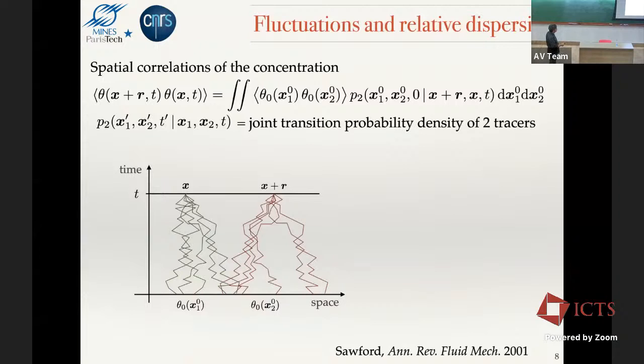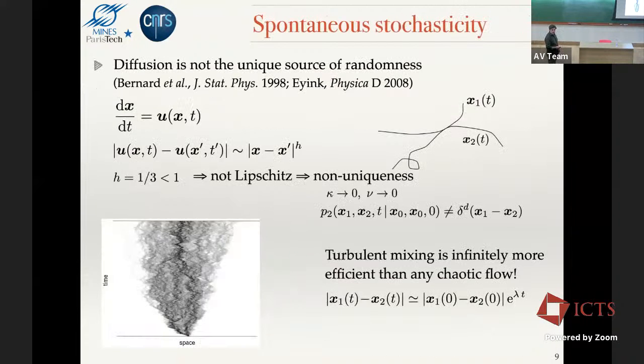I should have put the eta or kappa here. So you fix a realization of u. There is no average with respect to realization of u. For one particular realization it's also not the same. Yes, exactly, H is less than 1. Because of this non-uniqueness, because of this non-Lipschitz character.